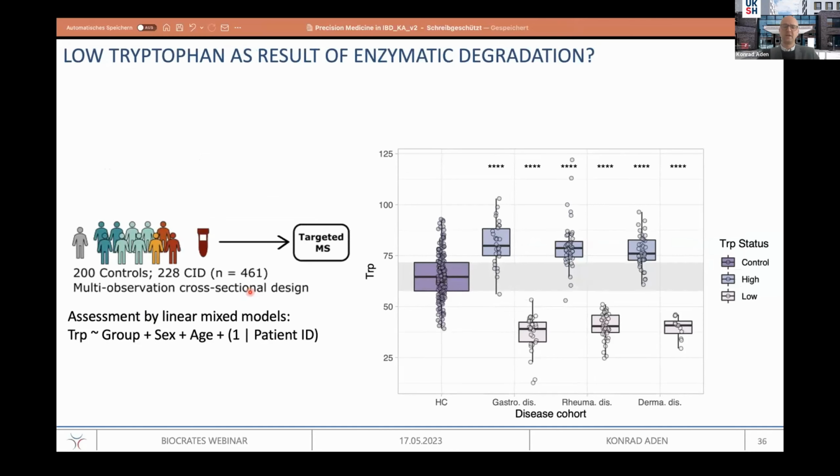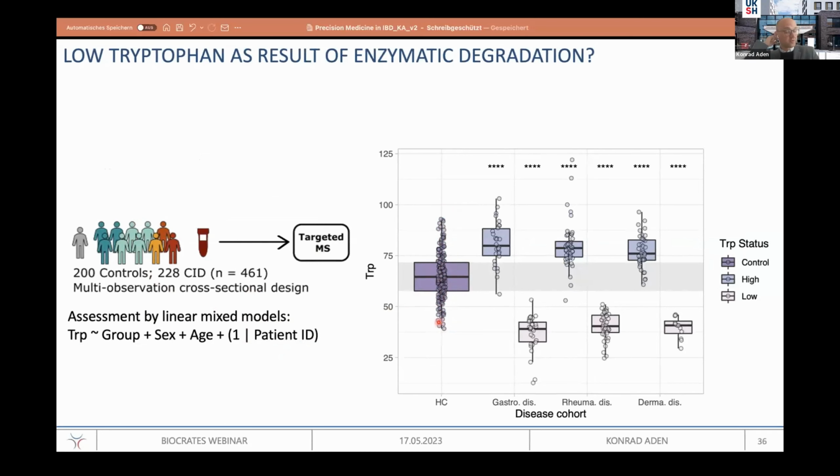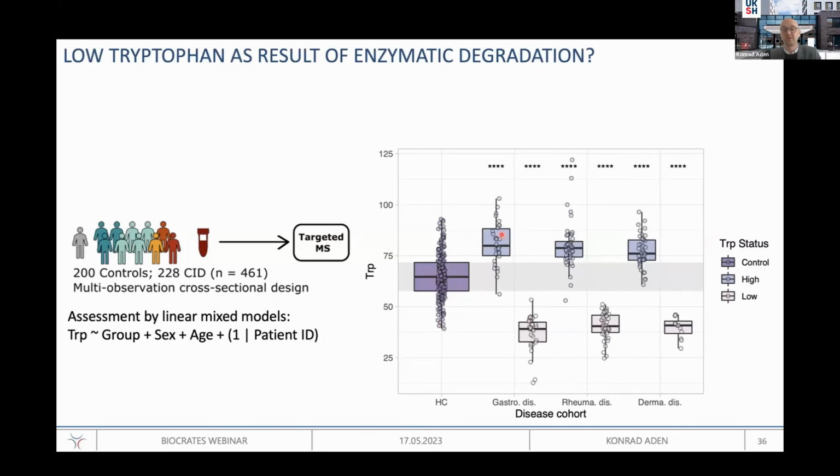Then lastly, we wanted to understand what defines a patient with high or low tryptophan metabolism. So we again conducted a multi-observation cross-sectional study where we recruited patients, either healthy controls or patients with a Gaussian distribution of tryptophan values, and we specifically selected patients with either high or low tryptophan values to understand the extremes.